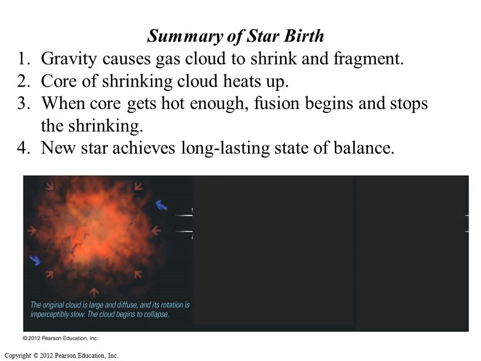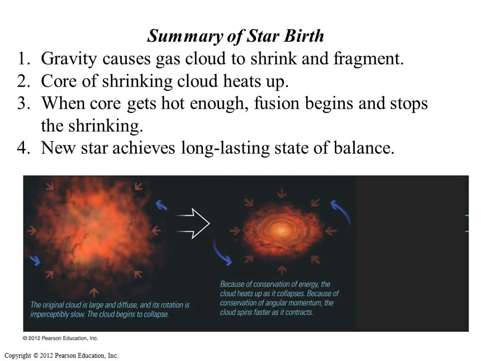To summarize the process from a blob to a protostar to a main sequence star, gravity basically makes the thing squish down. We talked about fragmentation as a way for several stars to be born within the same giant molecular cloud. Then that little blob that's going to become a star, maybe planets, gets smaller and smaller. It warms up as it gets smaller.